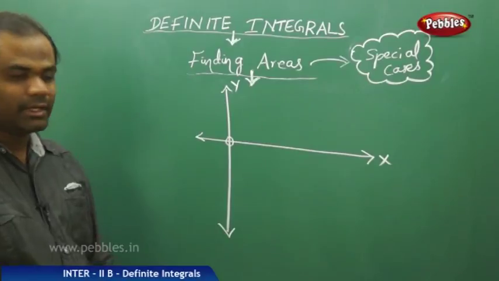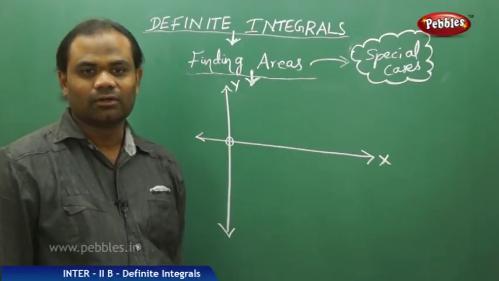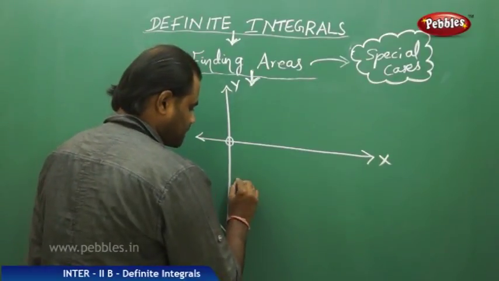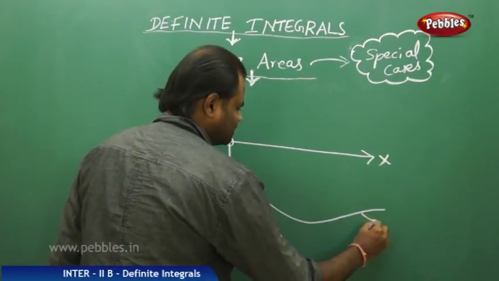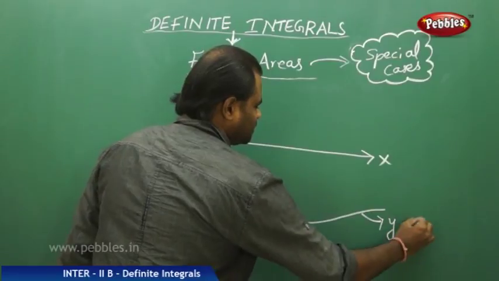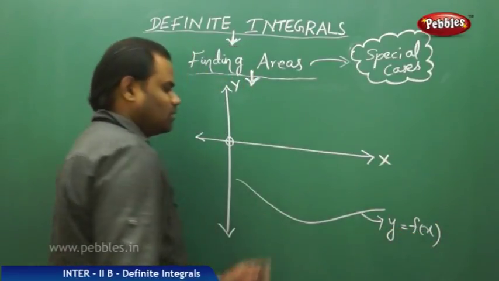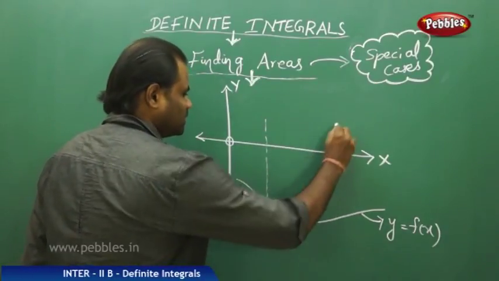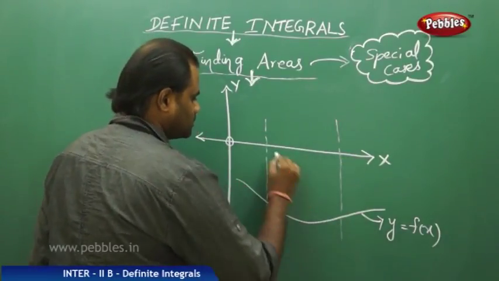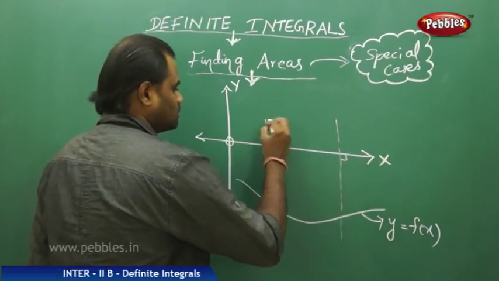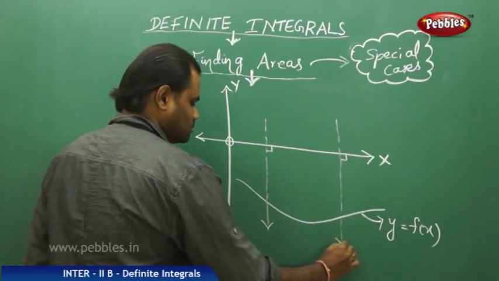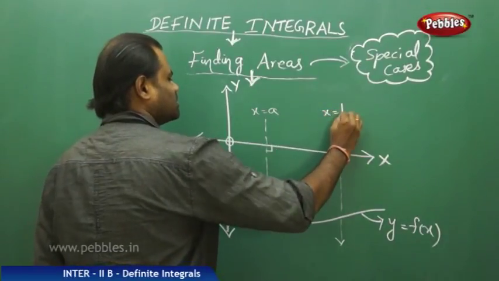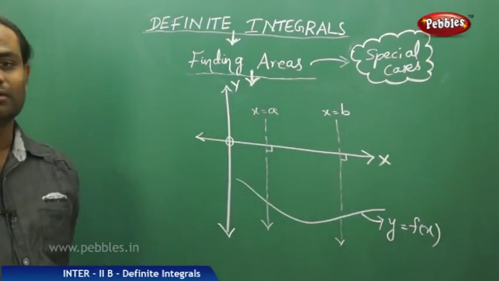Now suppose instead of the curve in the first quadrant, what if the curve is in the third quadrant or fourth quadrant? That is, I have the curve y equals f of x down in the fourth quadrant, and then I have the boundaries x equals a and x equals b in this form.